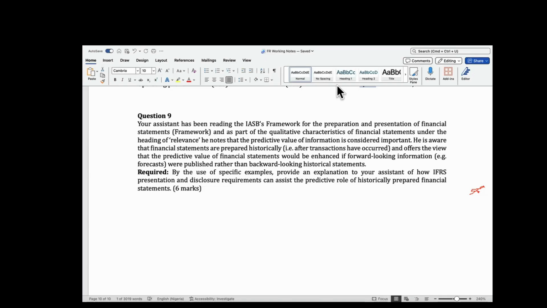And diluted EPS means that we are showing you that there are some potential ordinary shares. They are not ordinary shares now, but they can become ordinary shares in the future. And if they become ordinary shares, this is the impact it's going to have on your EPS.